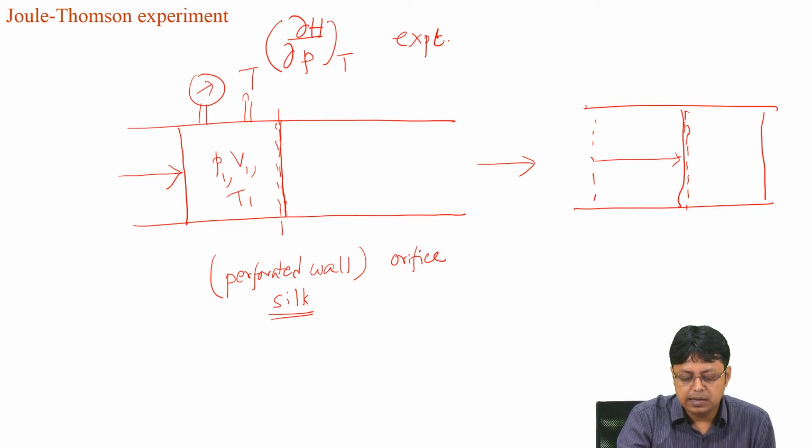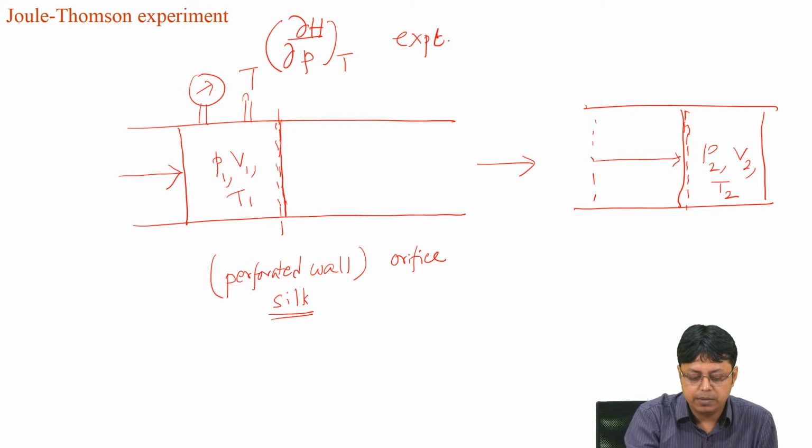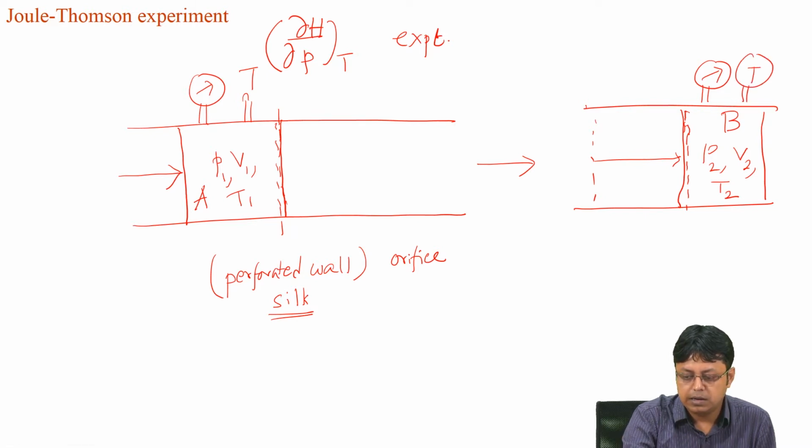So, let us assume that the final pressure, volume and temperature are P2, V2, T2 for this chamber. Let us name this chamber as A and let us name this chamber as B. And for this chamber also there was a pressure gauge and a thermometer which was measuring the temperature.